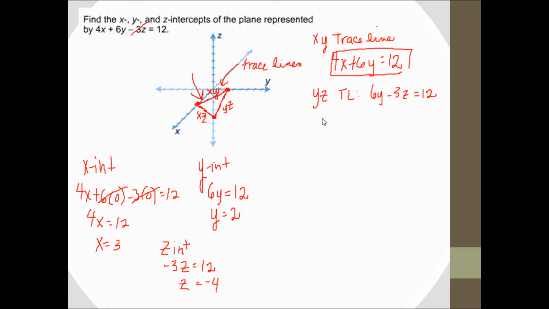And then the only one we haven't done is the XZ trace line equation. For the XZ, y is 0, so that eliminates the 6y, so I have 4x minus 3z equals 12. Notice I have 3 lines in my picture, so I should have 3 equations, and I do.